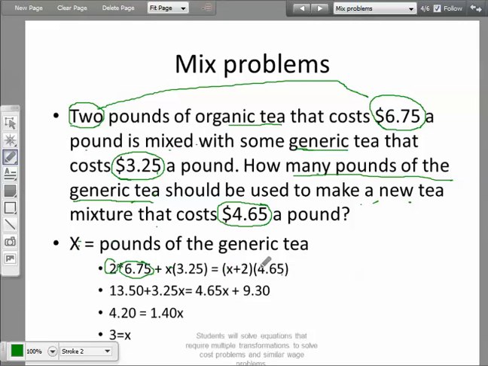I can now use distributive property and a few other things here, and I wind up with these two adding together to give me 13.50 plus 3.25x is equal to, well, 4.65x plus 2 times 4.65 is 9.30. Looking at this problem, 3.25 is smaller than 4.65. I'm going to subtract the 3.25x from both sides. 3.25x minus 3.25x.